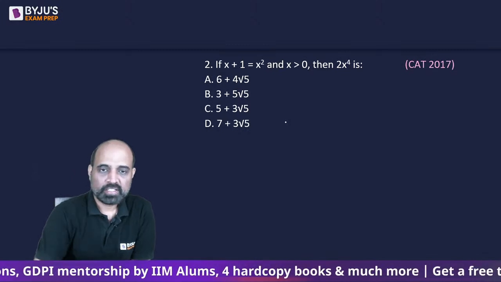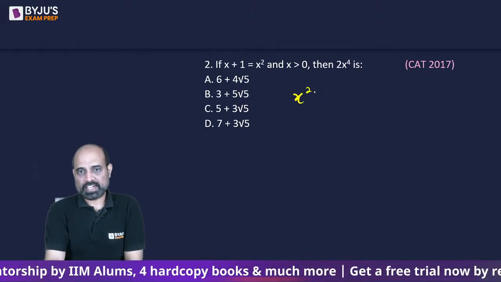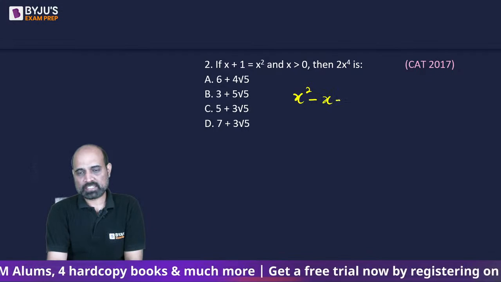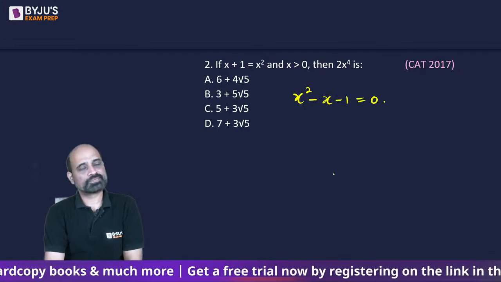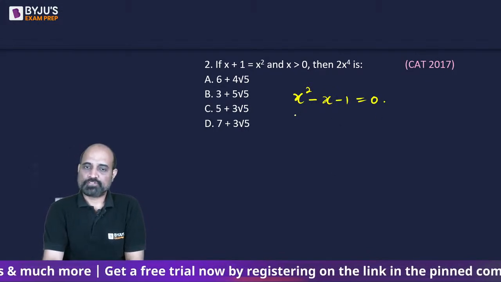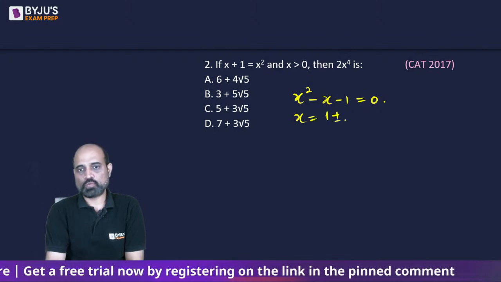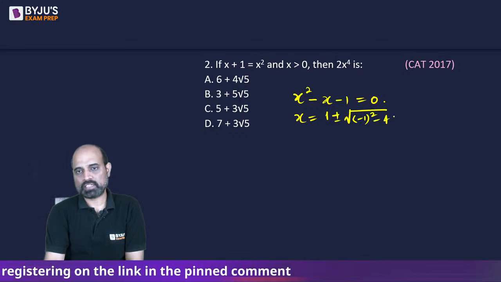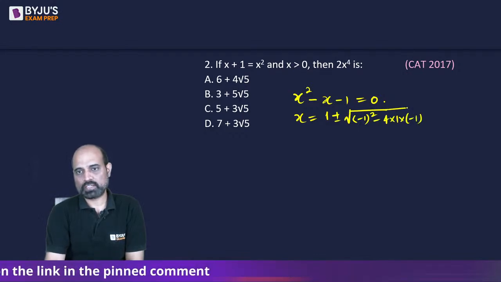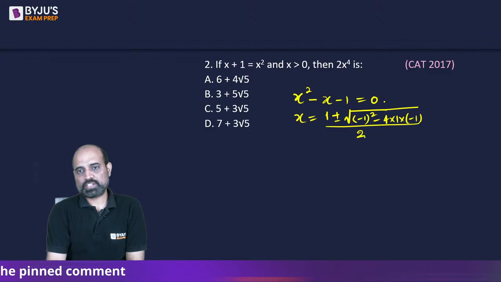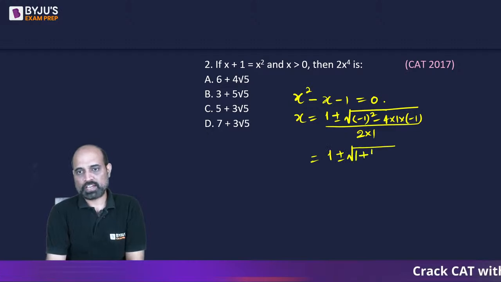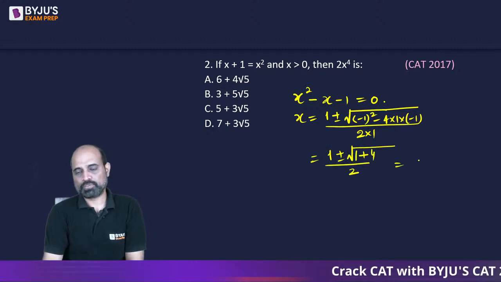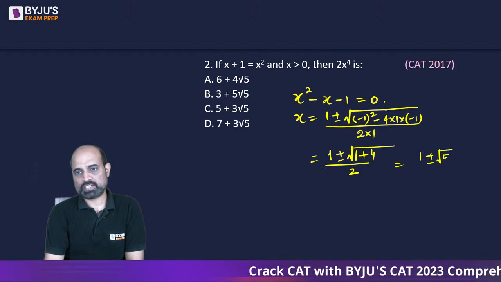There are two ways. If you look at this, we will get x square minus x minus 1 is equal to 0, right? From here we can say x is equal to 1 plus minus under root of minus 1 whole square minus 4 into 1 into minus 1, whole divided by 2 into 1. So this is going to give us 1 plus minus under root 1 plus 4, whole divided by 2, which gives us 1 plus minus root 5 by 2.